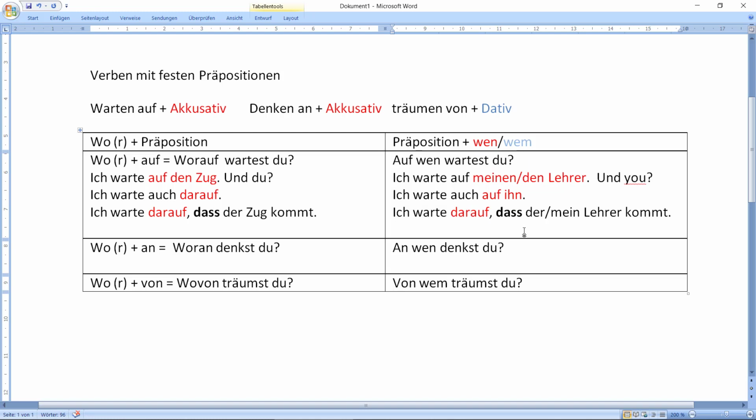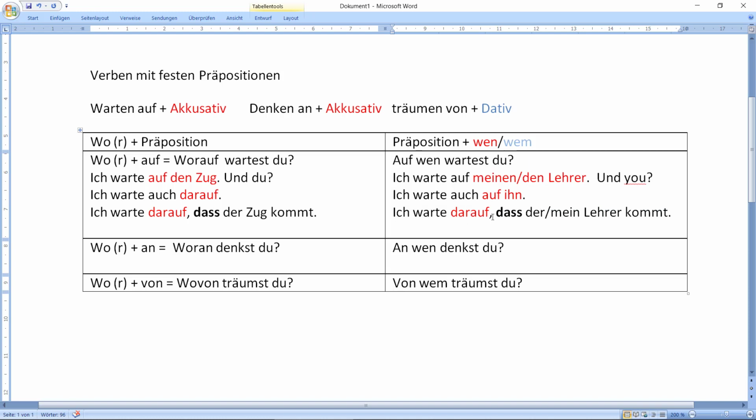Ich warte darauf, dass mein Lehrer kommt. Ich warte darauf, worauf warte ich? Oder ich warte darauf, auf wen warte ich? Dass something happens, that something happens. So in this case, dass mein Lehrer kommt. It is not a person in this case. It is the event, he is coming, that.